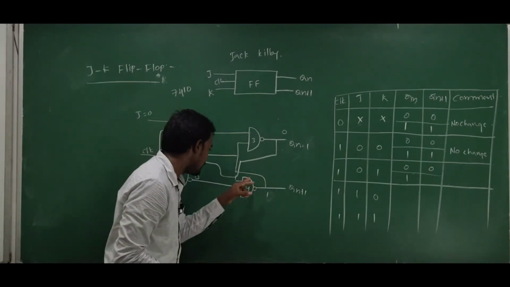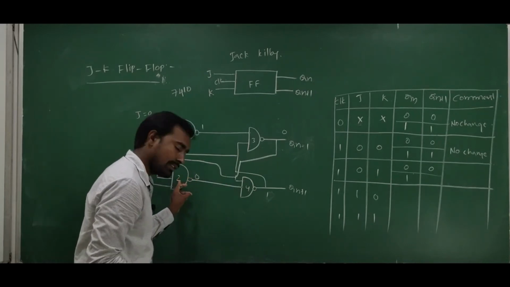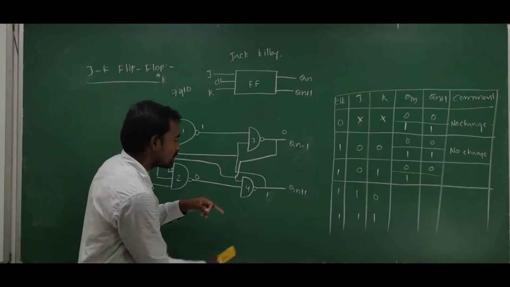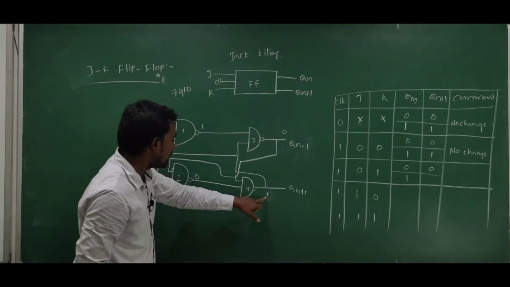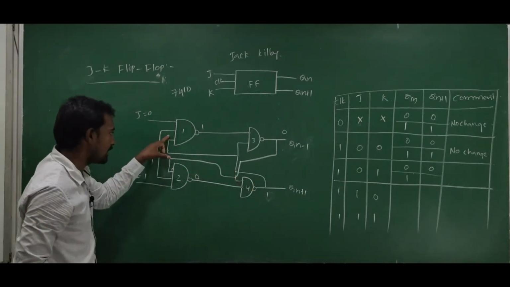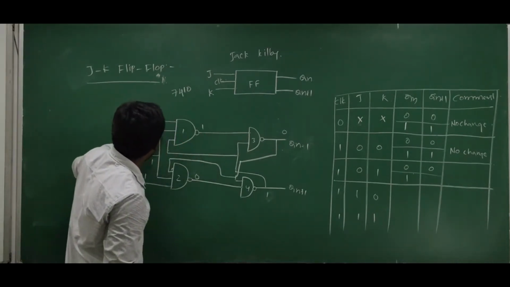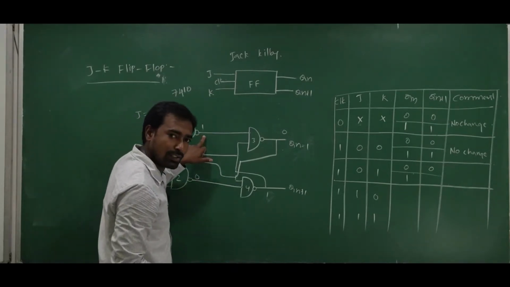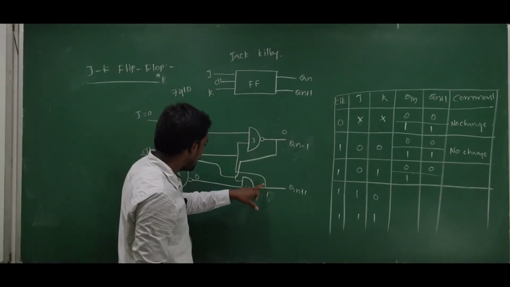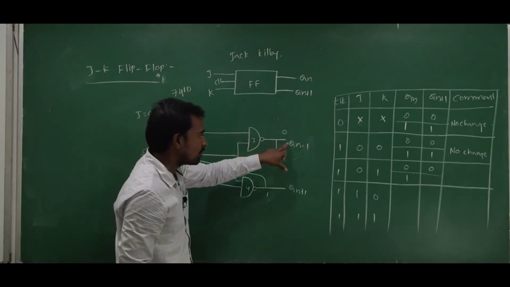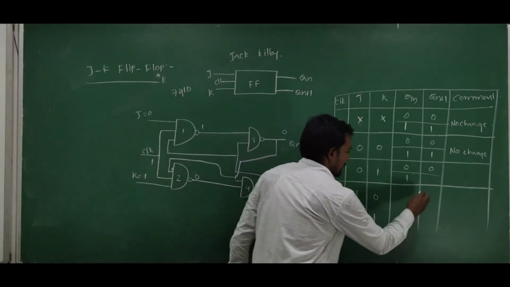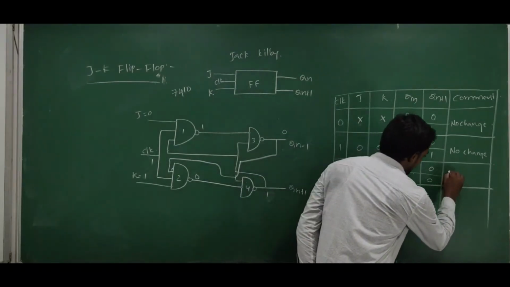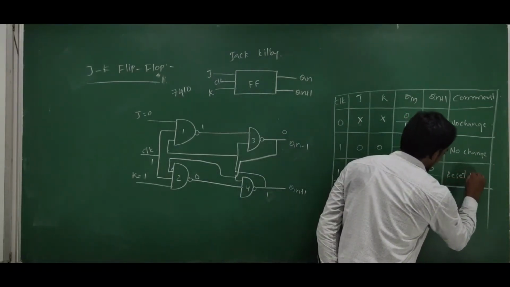Okay, and again Qn is equal to 1, and the second NAND gate output is equal to 0. 1 cross 0 is equal to 0, 0 complement again 1 here, and 1 is applied for the first NAND gate here, and 1 cross 0 cross anything is equal to 0 here, we are getting the output is equal to 1, and 1 cross 1 is equal to 1, 1 Q complement 0. So in this state we are getting outputs are 0, so that's why this state is called the reset condition.